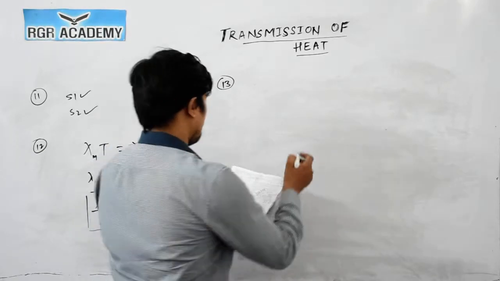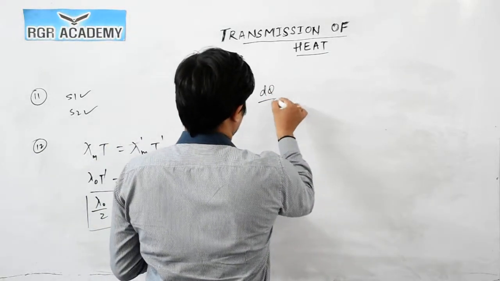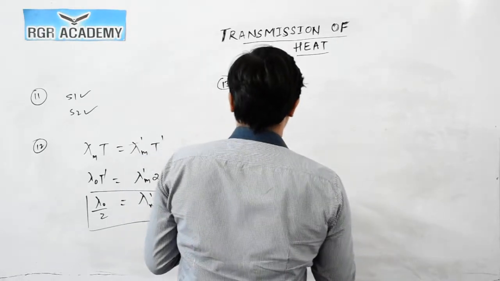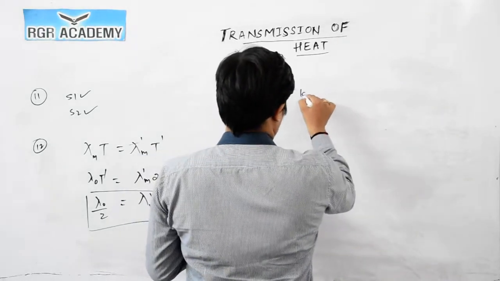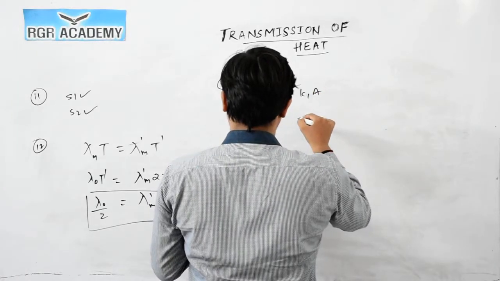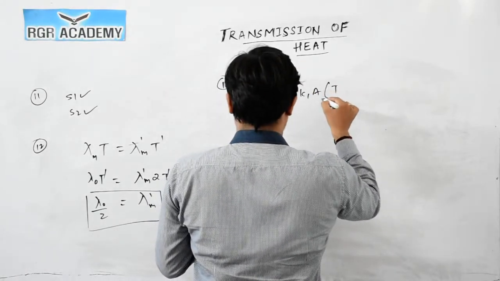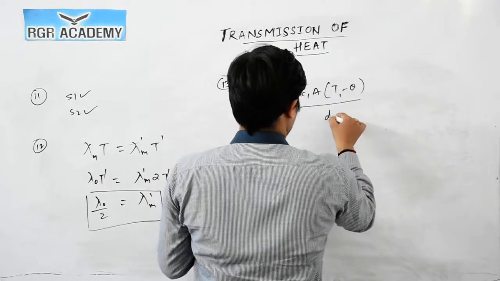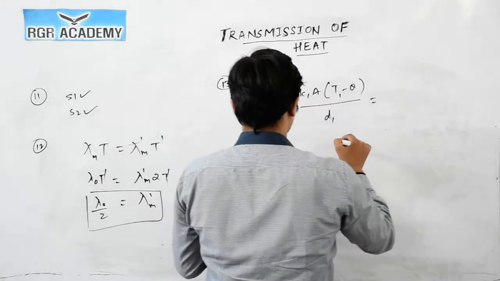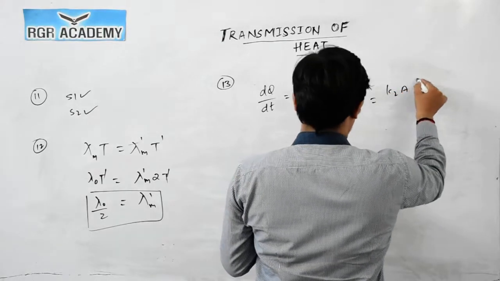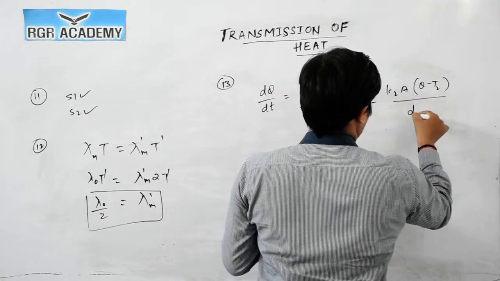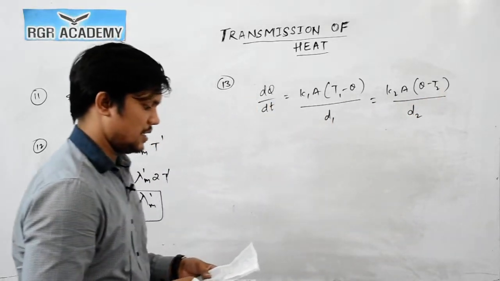So we can say that dQ by dt will be equal to K1 A1 (T1 minus theta) divided by D1, equal to K2 A2 (theta minus T2) divided by D2. Okay, so from this equation we have to calculate the value of theta.